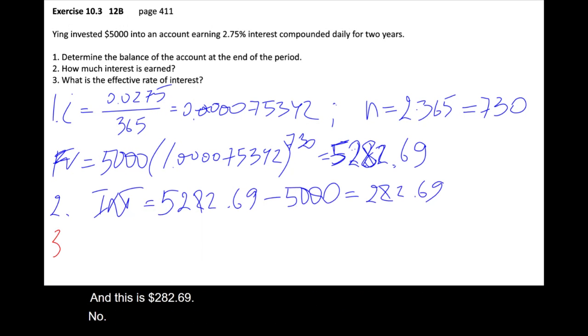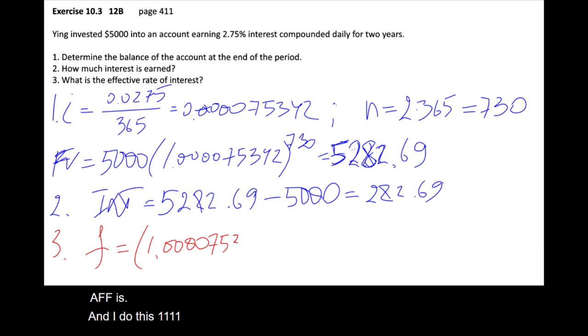Now, 3, effective rate. F is, and I do this, 1 plus 0.0075342 exponent 365 minus 1.